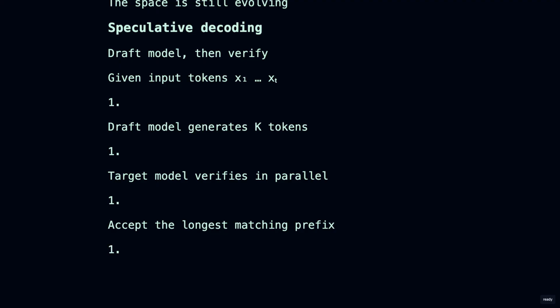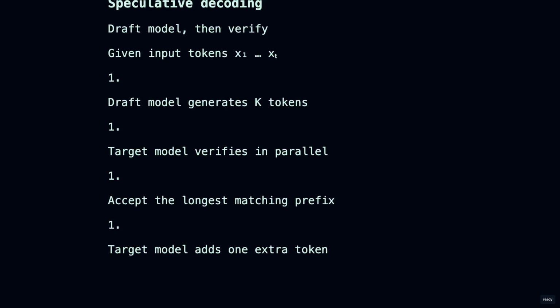Then the target model adds one more token of its own. That extra token keeps the process correct and advances the output. If the target model accepts J draft tokens, it then generates the next token itself.